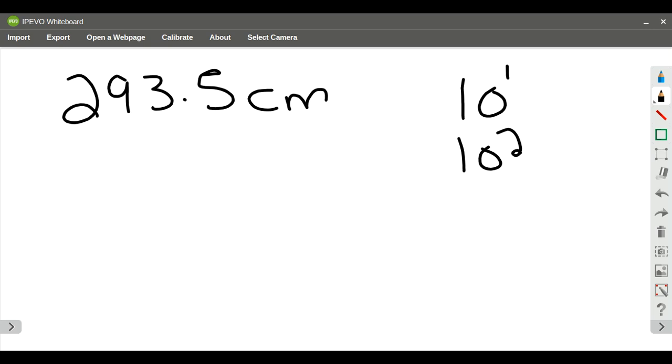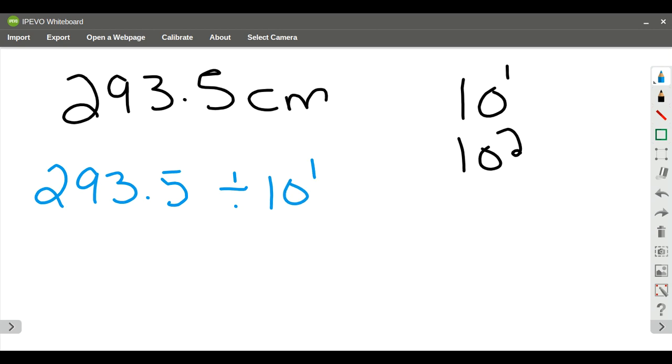The first one that we're going to do, I'm going to do in blue. So 10 to the first power, I'm going to do in blue. I'm going to do 293 and 5 tenths, and I'm going to divide that by 10 to the first power. Now, if you remember, 10 to the first power is 10. I'm going to move my decimal one place to the left.